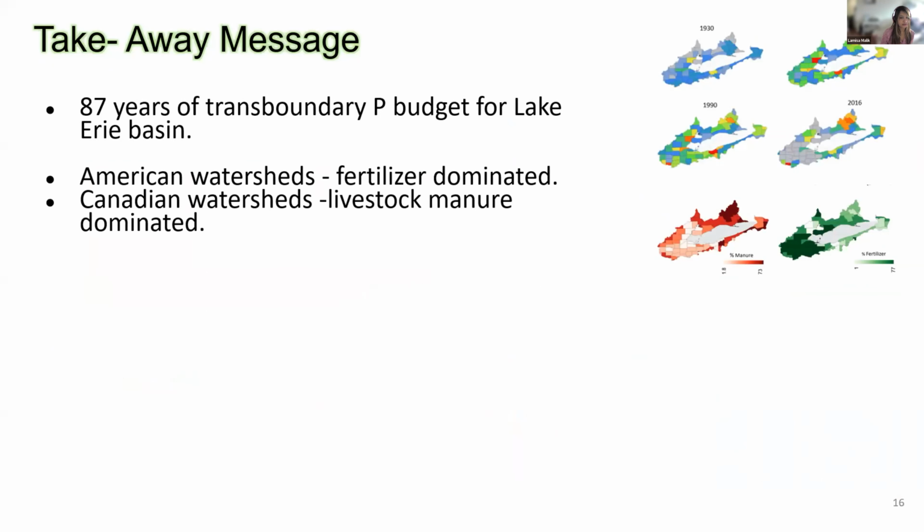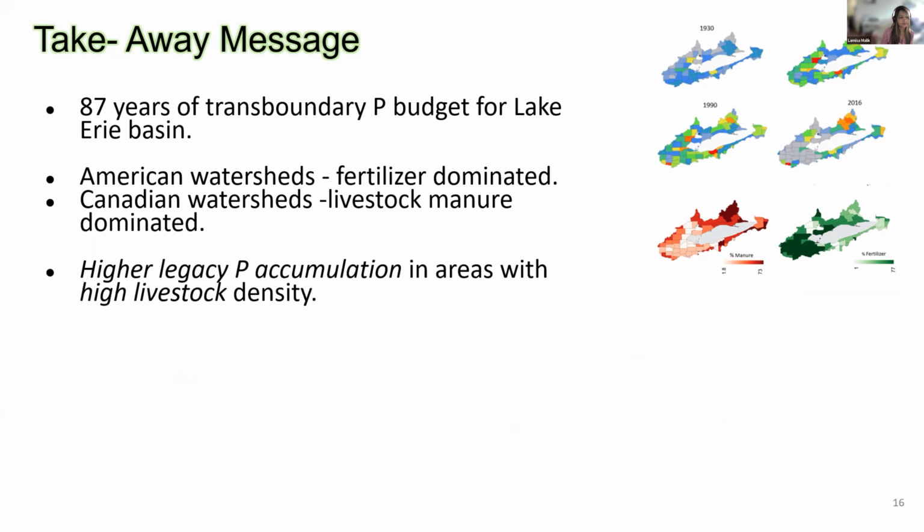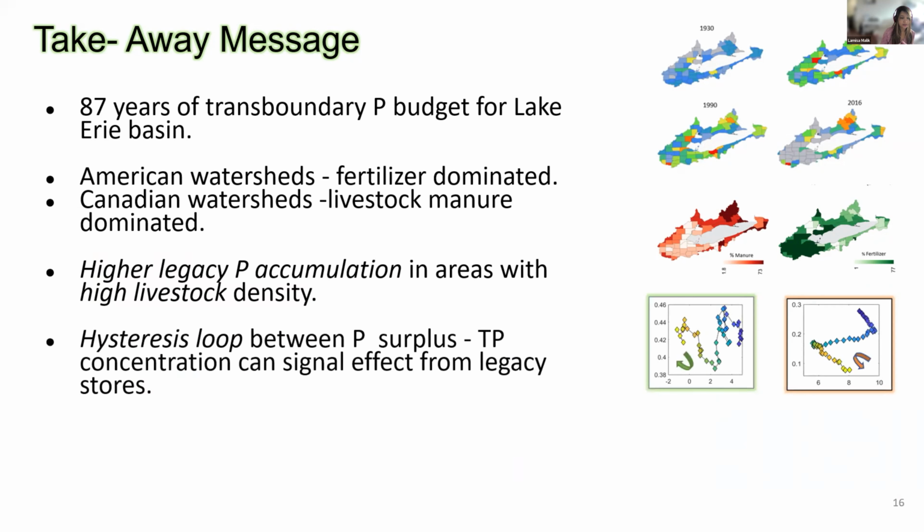American watersheds are mostly fertilizer dominated, and Canadian watersheds are livestock manure dominated, and higher legacy phosphorus accumulation was observed in agricultural areas, particularly in high livestock density areas. So we observe a hysteresis relationship between total phosphorus surpluses and total phosphorus concentration, and that can signal the effect from legacy stores.